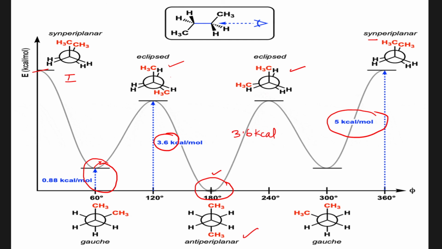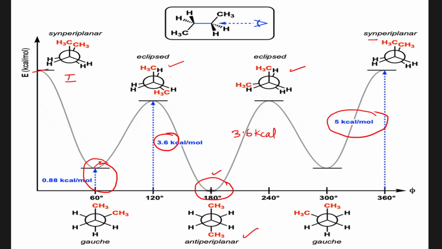This is going to be the most stable. And then after anti, we go on to the next one. The next one is going to be gauche. After anti, the gauche is going to be more stable.